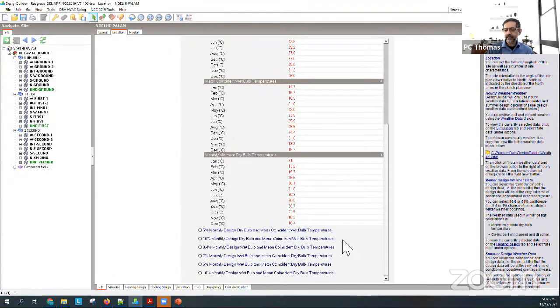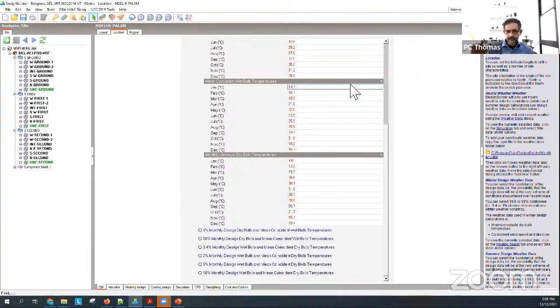So if you are designing an air conditioning system in a humid location, Chennai, Mumbai, Trivandrum, then the air is very humid. And when the air is humid, it takes more energy for dehumidification. And therefore, you need to test the sizing of the system with dehumidification duty. In that case, you need to choose one of these four.